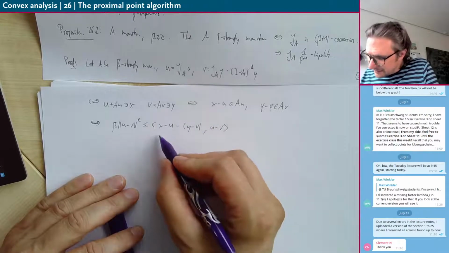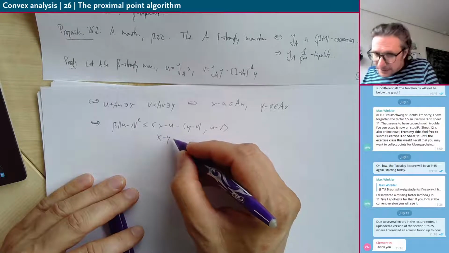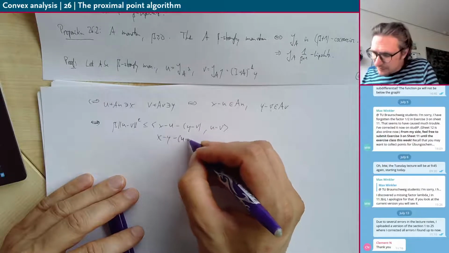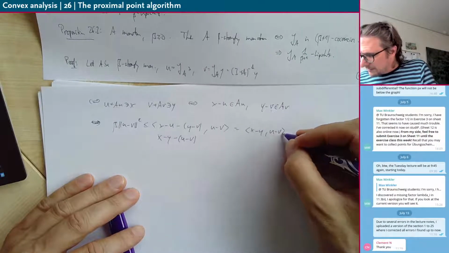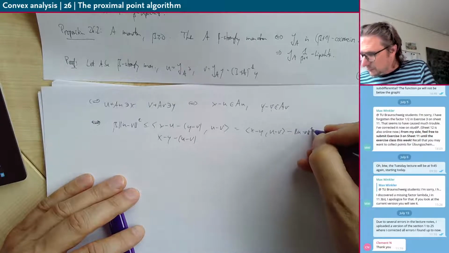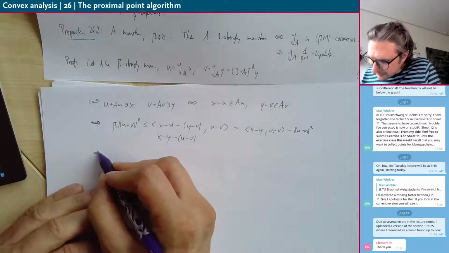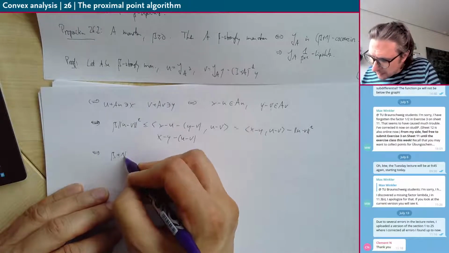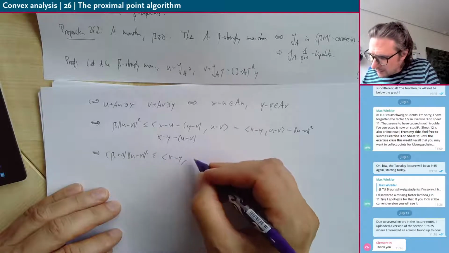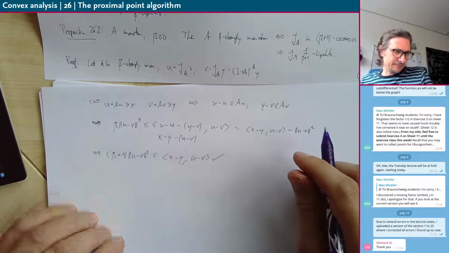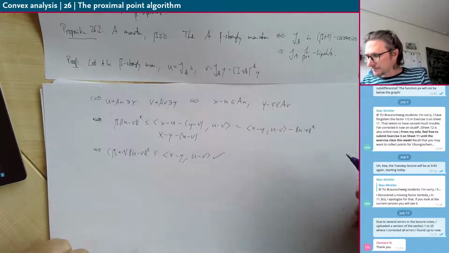And you see here, this is nothing else than (x - y) minus (u - v). So this is the inner product of x minus y and u minus v, minus ||u - v||^2. So there you have it here, right? This goes over here, so this is then if and only if (beta plus 1) ||u - v||^2 is smaller or equal than the inner product of x minus y and u minus v, and that's it. And this also works the other way around, and so this proves the claim.